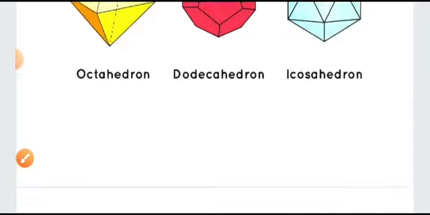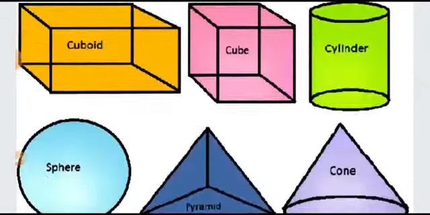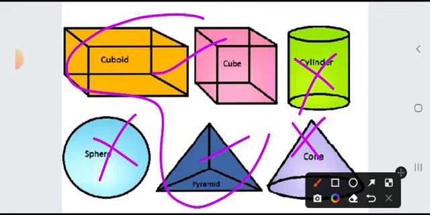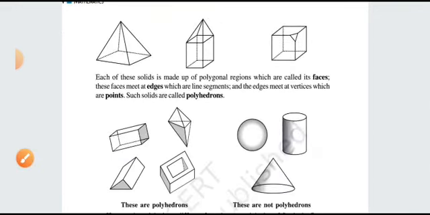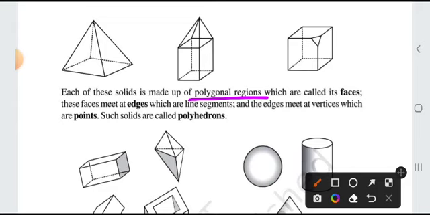Okay, so till now we have discussed, let's go to the starting. First we discussed polyhedrons and which are not polyhedrons, solid objects which were polyhedrons, and objects which were not polyhedrons. And what are the criteria to be a polyhedron? The solid object must be made up of polygonal regions, and if a solid object is made up of only polygonal regions, then that is called a polyhedron, and which is not made up of polygonal regions, that is not called a polyhedron.